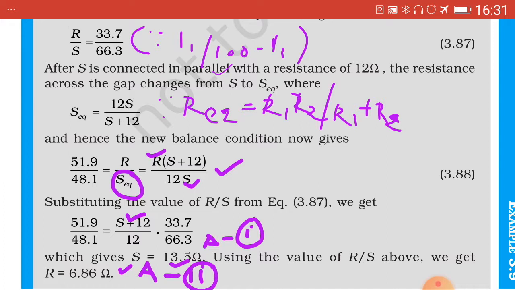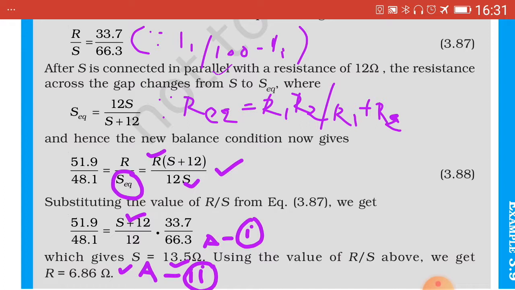Simplifying this gives 0.508. 0.508 multiplied by 13.5, on simplification, gives R equal to 6.86 ohms, which is the final answer number 2.